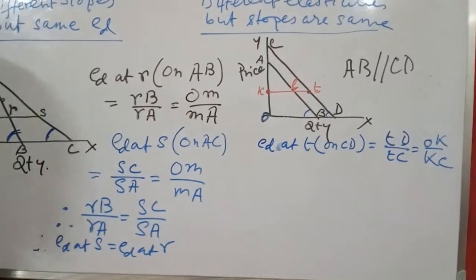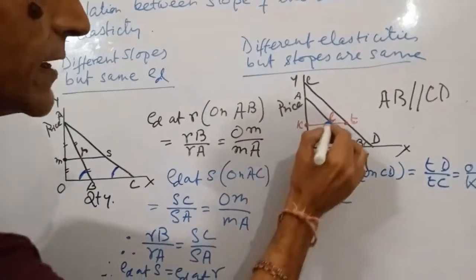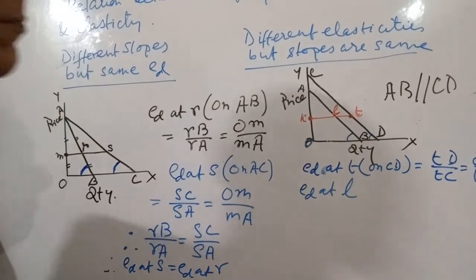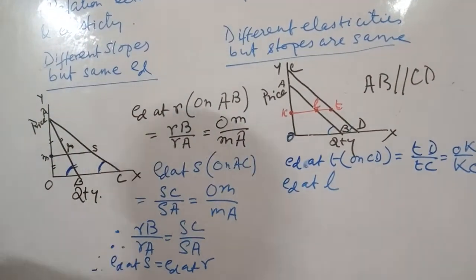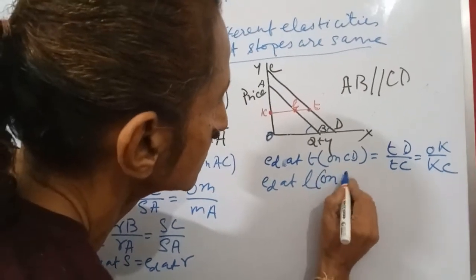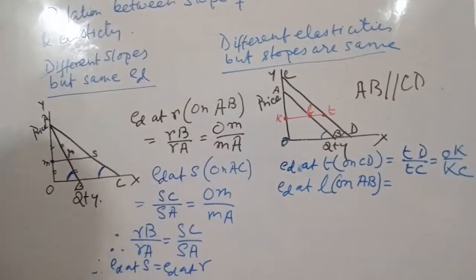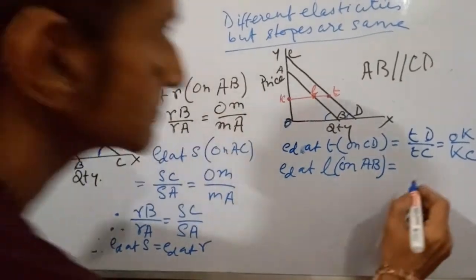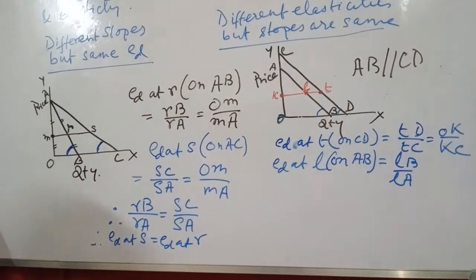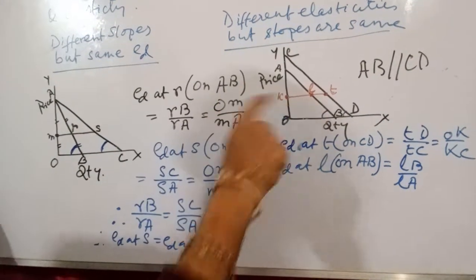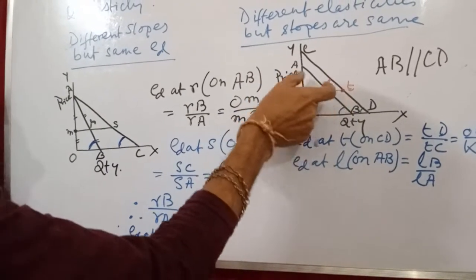Now elasticity at point L on demand curve AB equals again lower segment by upper segment, that is LB by LA.